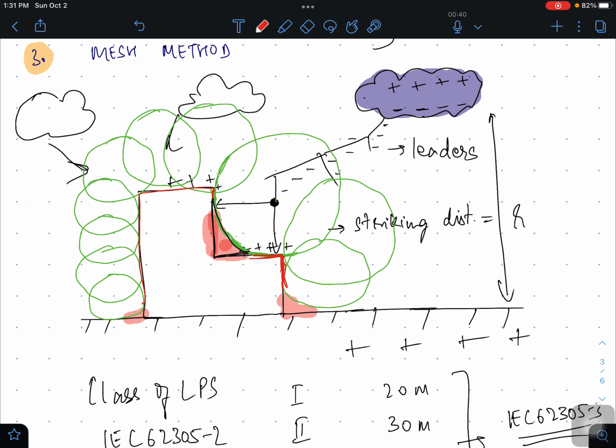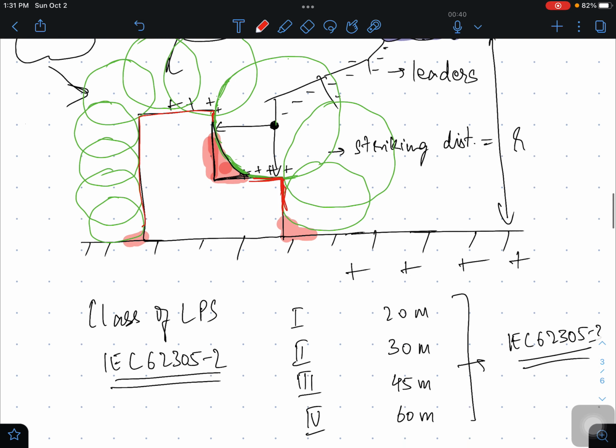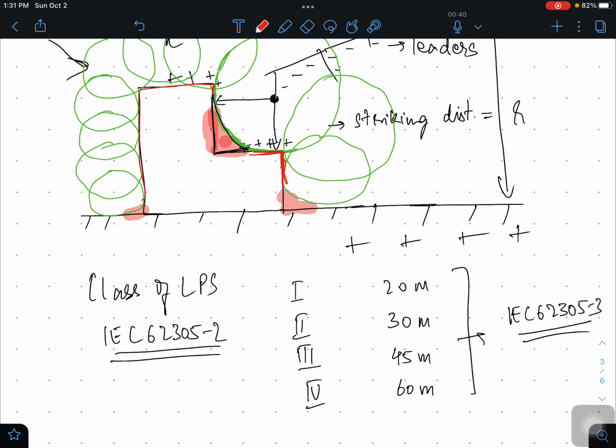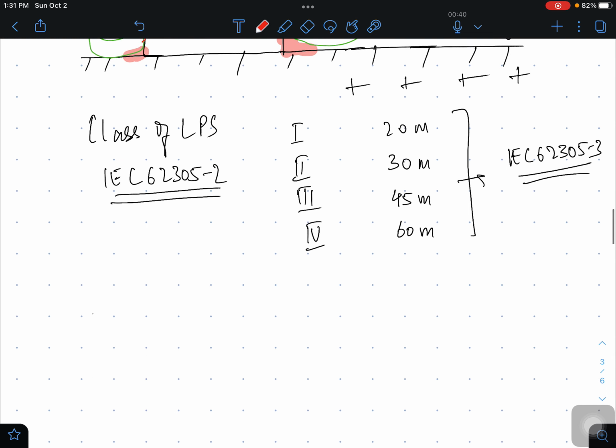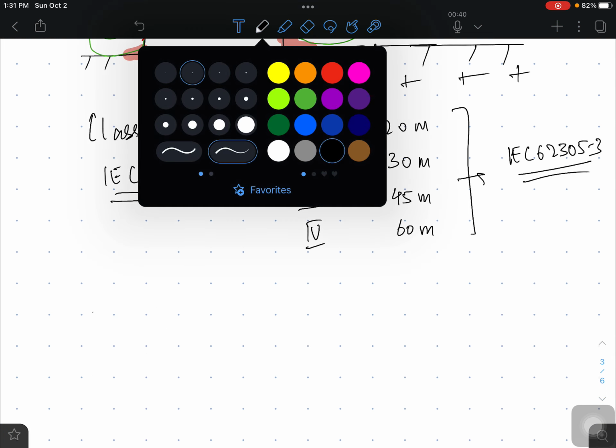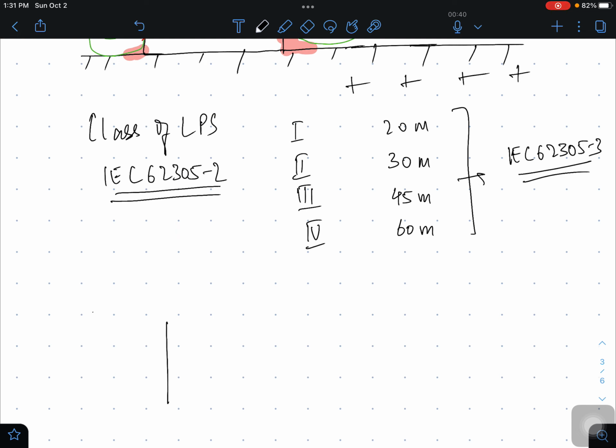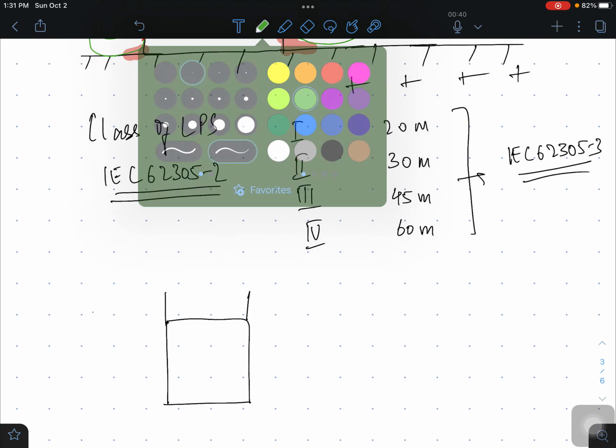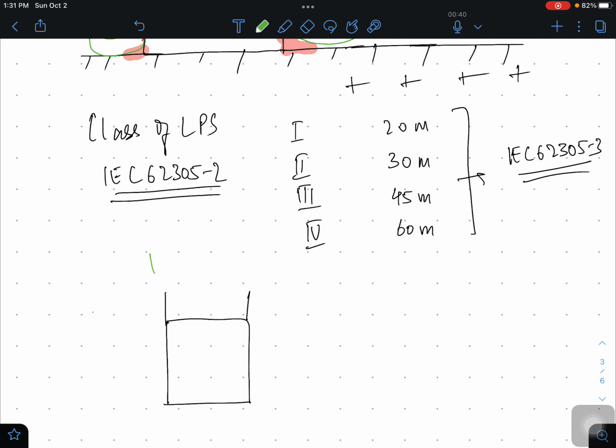So now this is a sphere and it is rolling, that's why it's called the rolling sphere. You know now the radius, and that is how you evaluate your structure. So suppose I draw a simple structure here, and this is the rod on the top. You will draw a surface sphere.